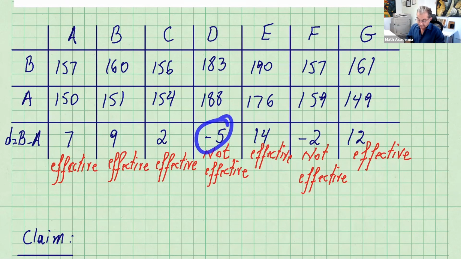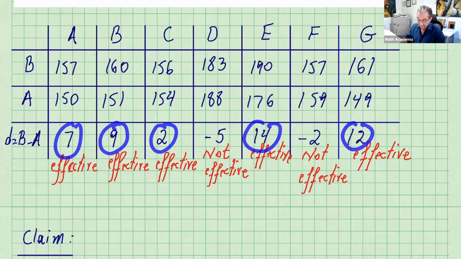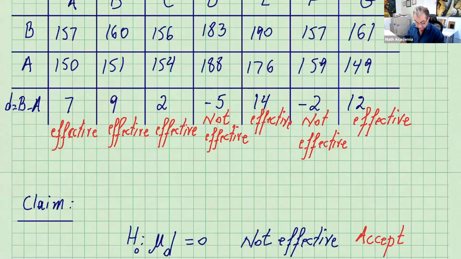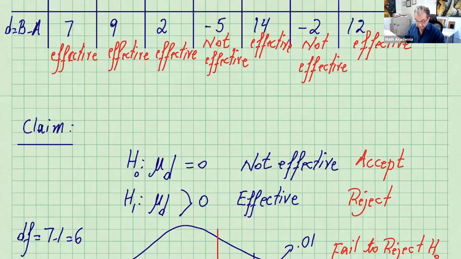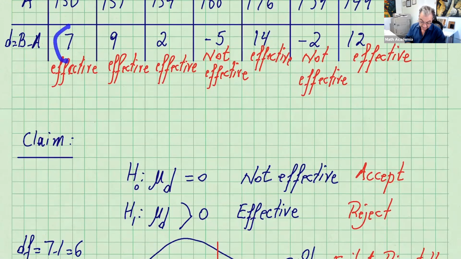So it wasn't effective for person D. Same as person F: 157 before, 159 after. The diet was not effective for this person. Here, the diet is effective if the difference is positive. So be very careful.